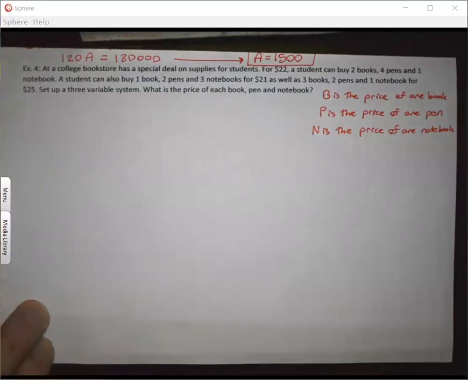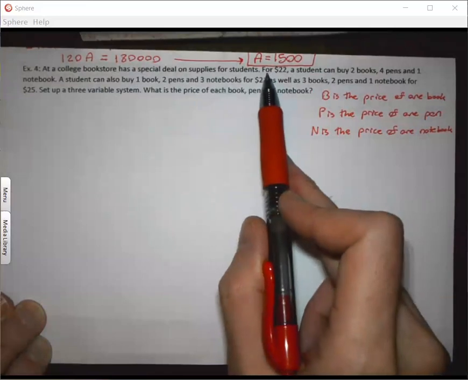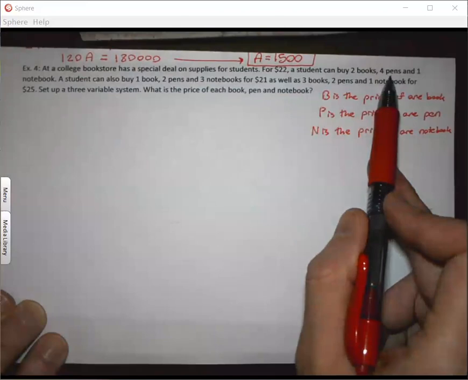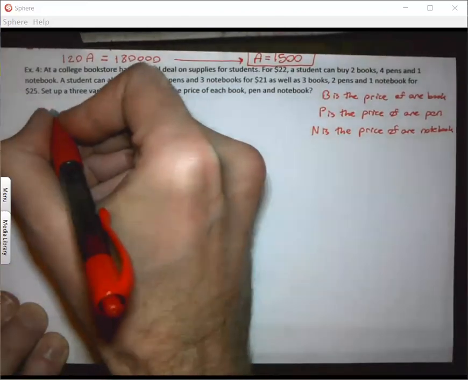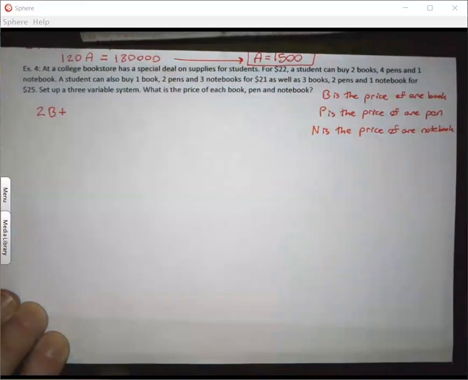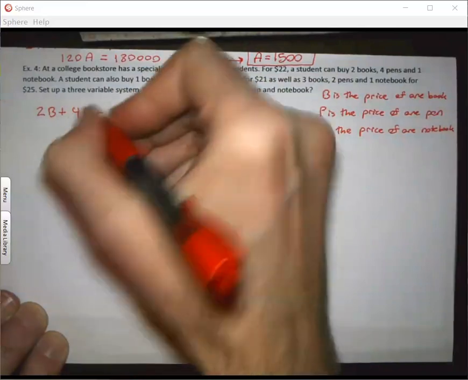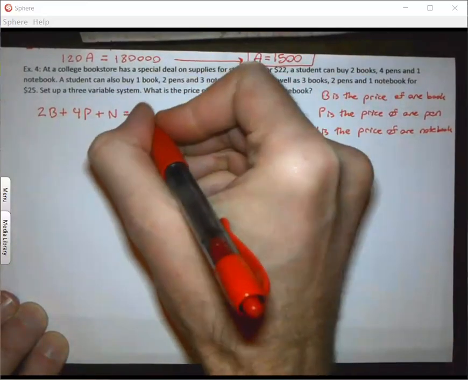Okay, step 3, now we can go back and write our equations. So it says for $22, a student can buy 2 books, 4 pens, 1 notebook, or 2 times the number of books plus 4 times the number of pens plus 1 times the number of notebooks cost $22.